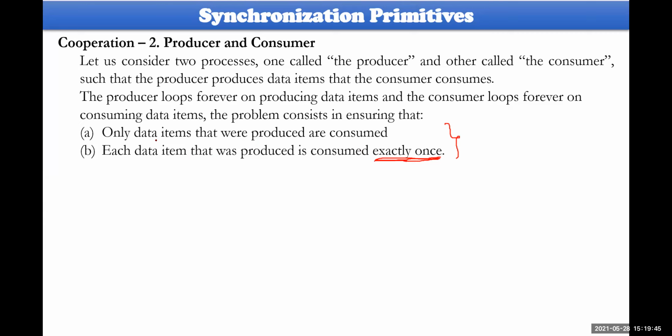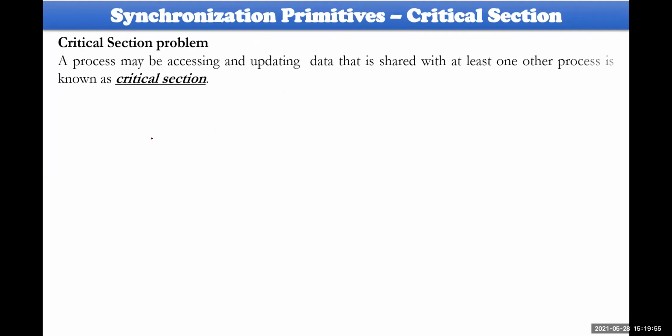And the next one is the synchronization primitive. Very important in that is the critical section. What is the actual definition of a critical section? Look at this. A process may be accessing or updating the value of a particular data item which is in shared mode, shared by at least one more process.